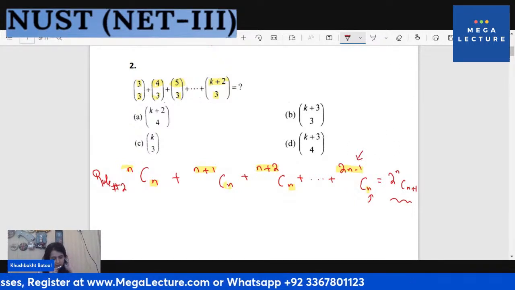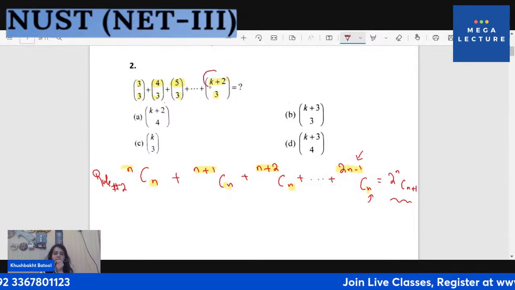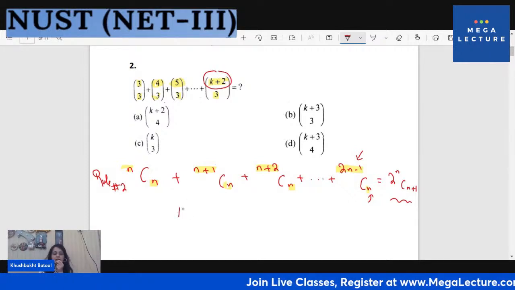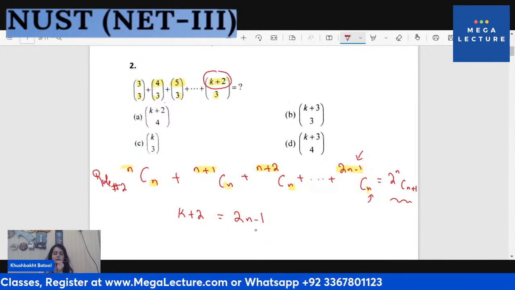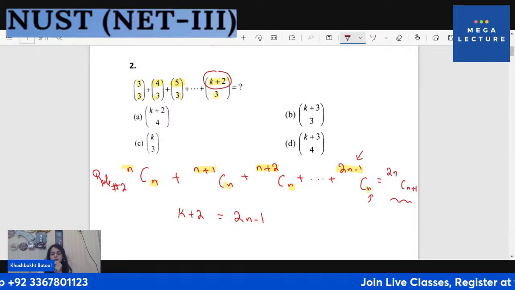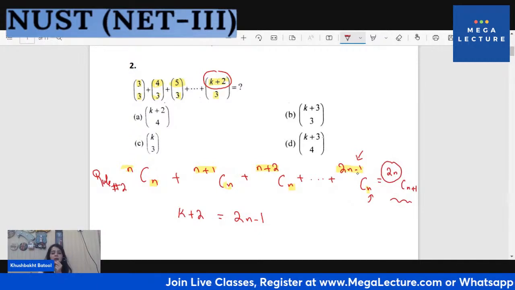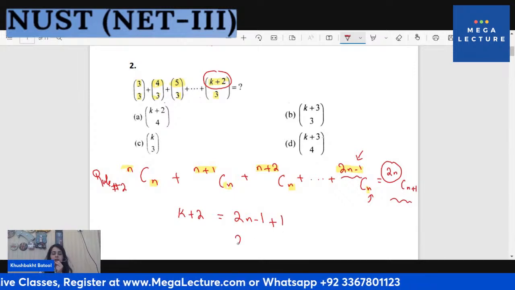Now, you need to understand one thing. If we have k plus 2 here, I can write this k plus 2 as 2n minus 1. Now this k plus 2 is basically 2n minus 1, and this is 2n. And to have 2n, I need to add 1 to this thing. So I'll add 1 and this would give me 2n.